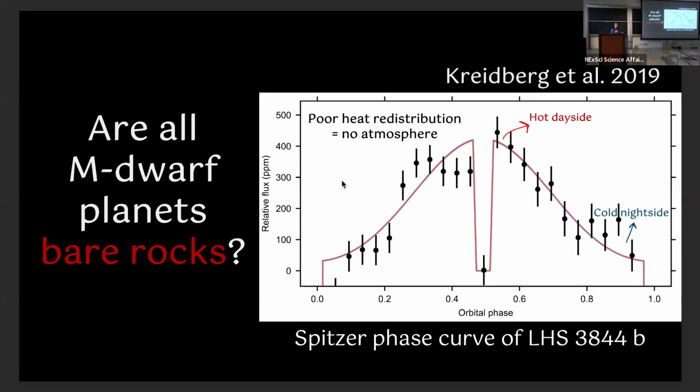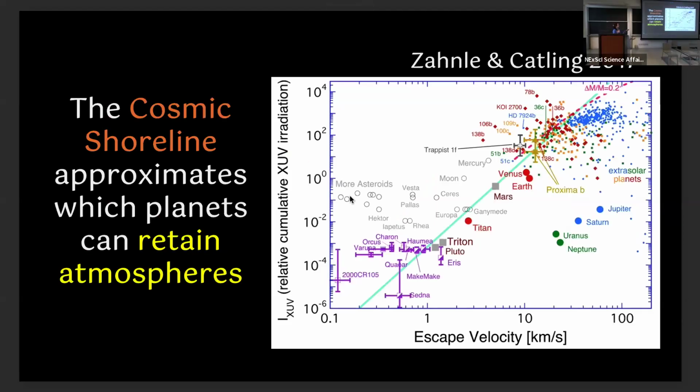And if we want to try to put some numbers on it before that data comes down, we can think about it in terms of this cosmic shoreline paradigm, which is an idea coined by Zahnle and Catling in this 2017 paper. What they did is look at bodies in our solar system, all the planets, asteroids and moons, and plot them on this diagram of the total XUV flux that the body has received over its entire lifetime as a function of the escape velocity off that body.